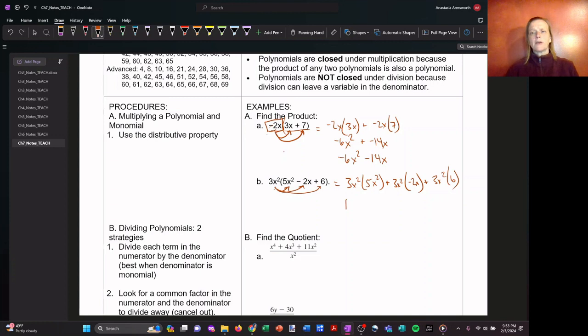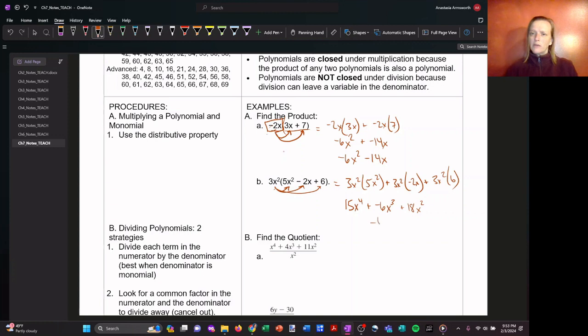Once again, 3 times 5 is 15, and x squared times x squared is x to the 4th. 3 times negative 2 is negative 6, and x squared times x is x cubed. 3 times 6 is 18, and we just have an x squared, so that stays as x squared.